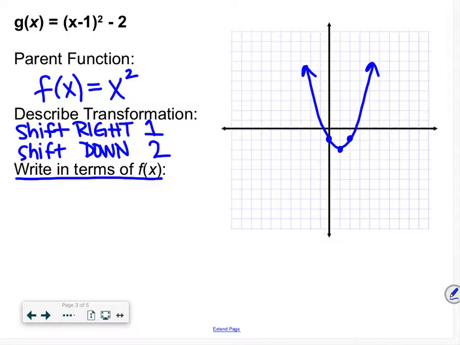Since we are right 1 and down 2, f of x minus 1 gives us the right 1, and then minus 2 on the outside gives us the down 2. So we're just writing function notation. We're forgetting about what function it is. We're just generalizing those transformations in the notation.